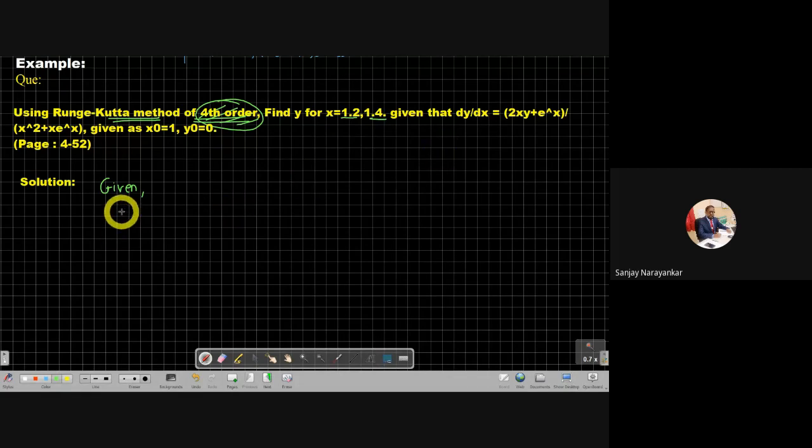What is given? dy by dx is equal to 2xy plus e raised to x, divided by x square plus x e raised to x. So this is all the equation given. Anything else? x0 is given 1 and y0 is given 0. So this is our initial value problem.